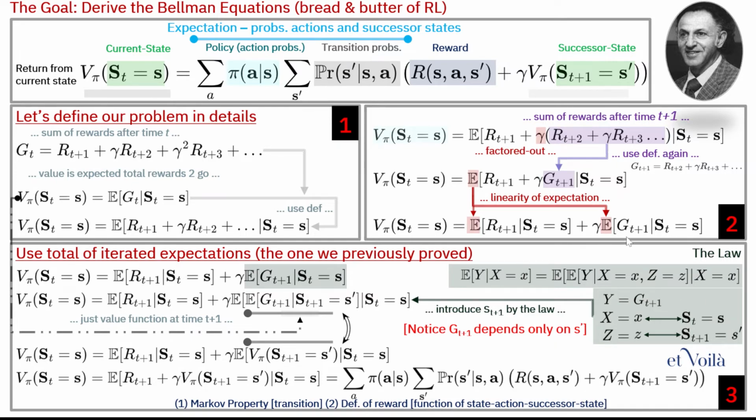And now we're going to introduce what we are missing, because we said we're missing S_{t+1} for us to be able to write this V of S_{t+1}. So we're going to introduce z to be S_{t+1} equal to s prime. Once we introduce that and apply this equation to the expectation of G_{t+1} given S_t equals s, we will get the following equation. The first part remains the same.